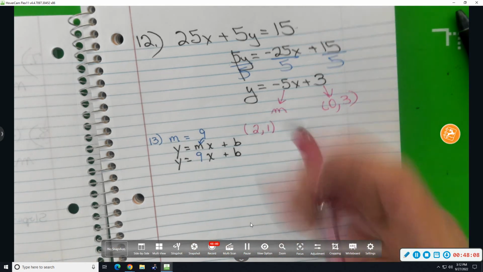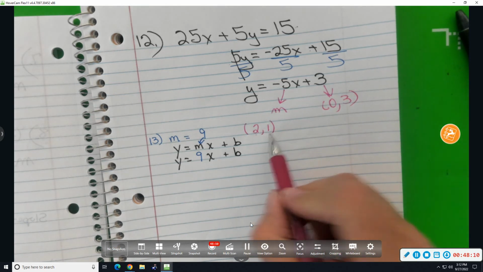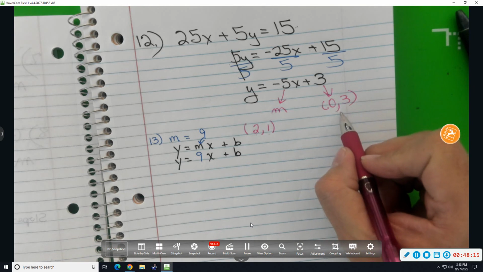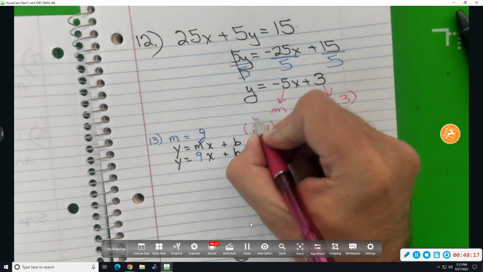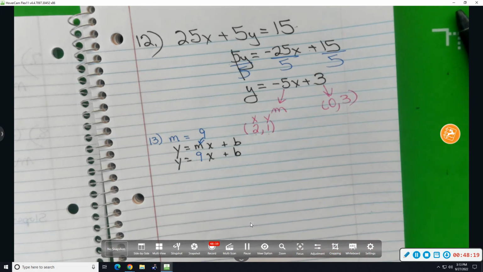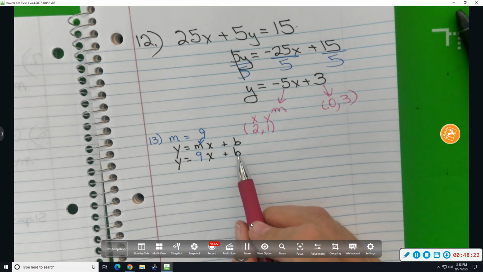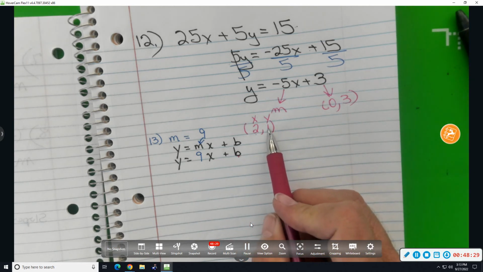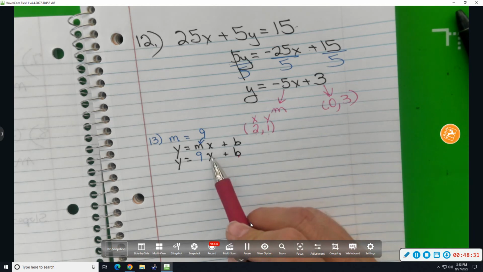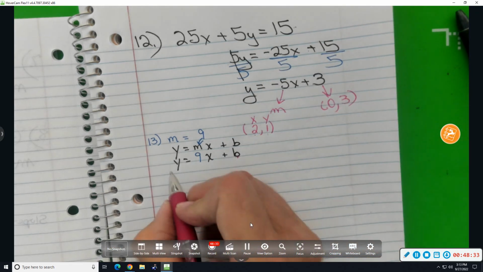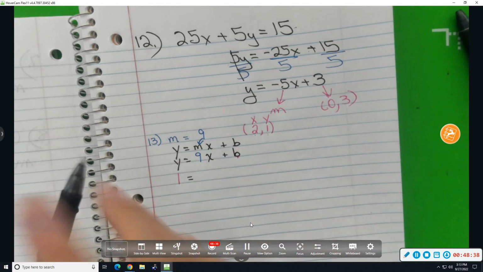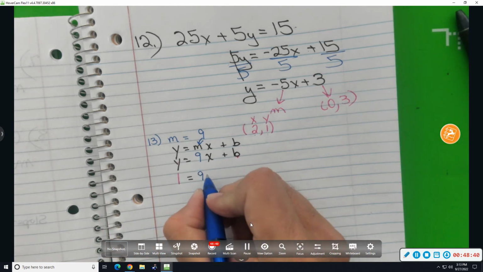And this point that they're giving us, that's not the y-intercept. The y-intercept would have to have a 0 in it. This is an x and y. So we need to figure out this y-intercept b. How do we do that? Well, you plug the 1 in for y and the 2 in for x. So I'm plugging a 1 in for y and a 2 for x.